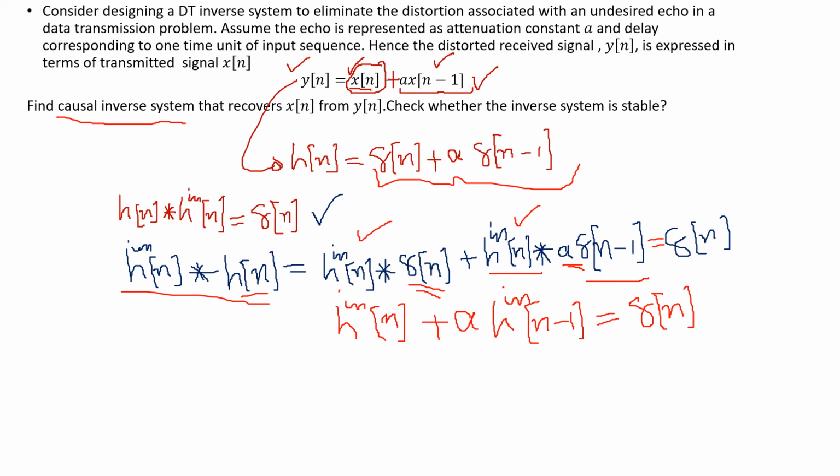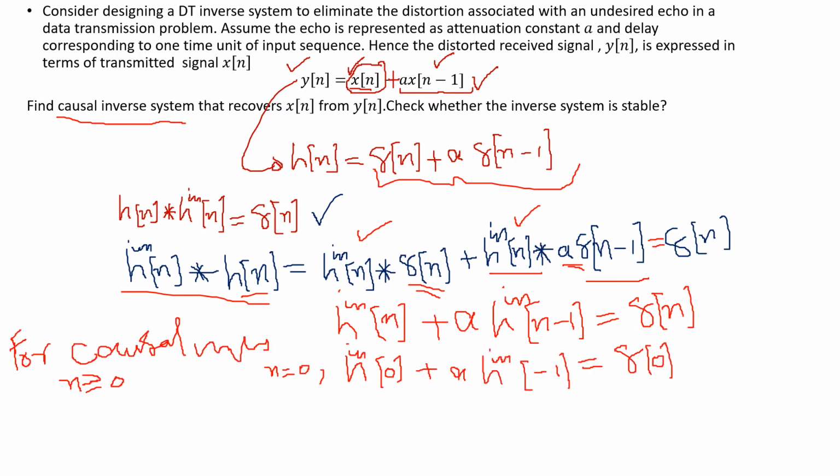For example, if n equals 0, then h inverse of 0 will be equal to something. We are finding the causal inverse system. If the system is causal, the output will be 0 when n is negative. So that means we can have these values only.